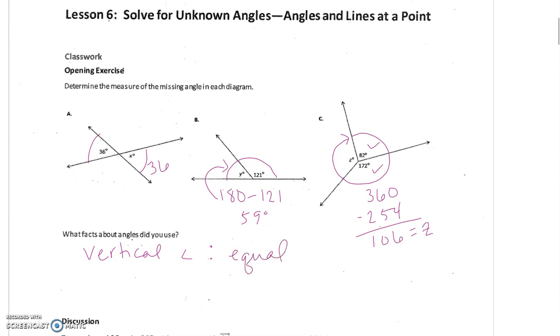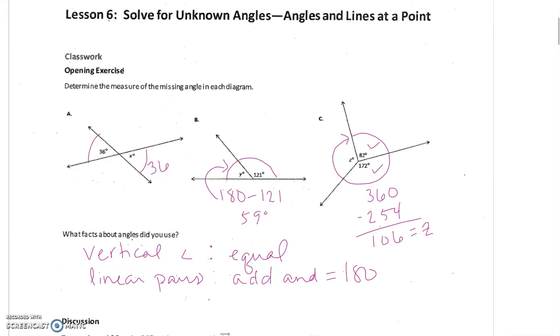In part B, we talked about linear pairs. Linear pairs, you have to add them up and equal them to 180.